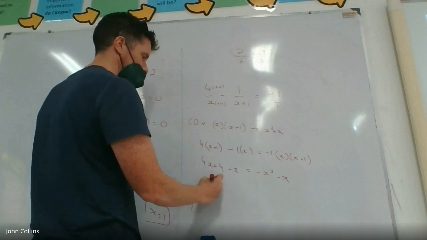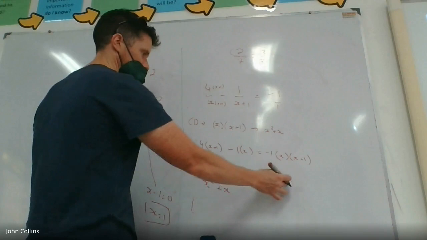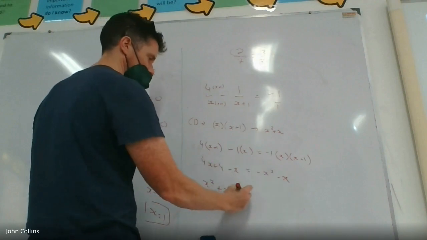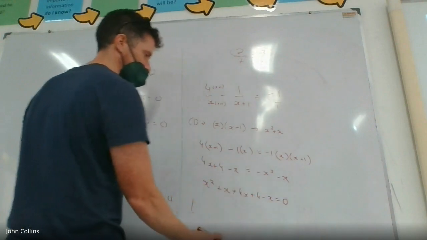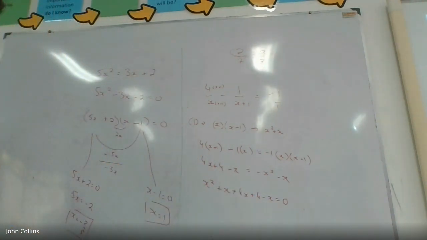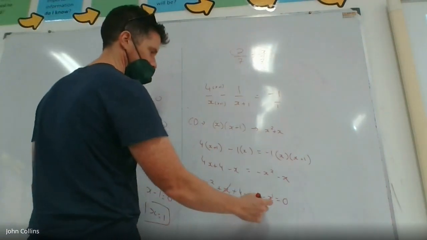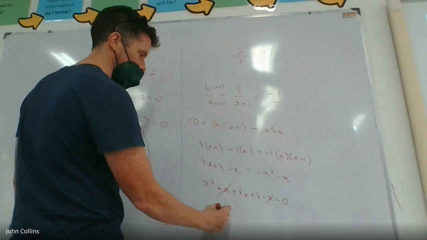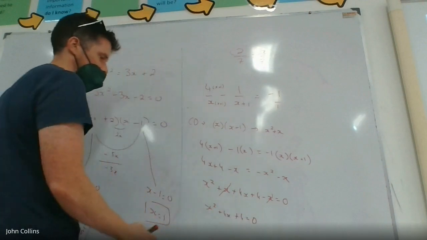I think adding x squared to both sides, adding x, these are these two added over 4x plus 4 minus x is equal to 0. So let everything equal 0 if you're trying to solve these quadratics. I think these two x's cancel. I'm left with x squared plus 4x plus 4 is equal to 0.